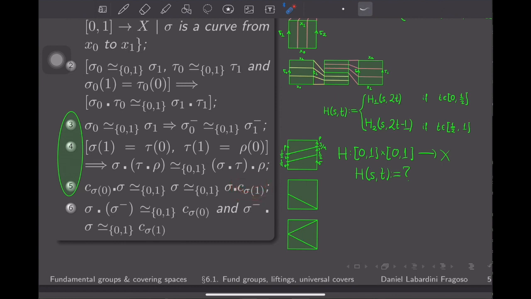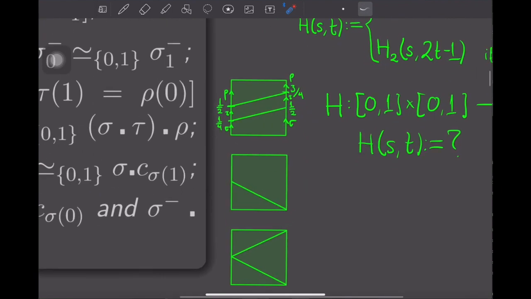in sigma 1. And so again, here I want you to give me an explicit formula for this homotopy relative to endpoints, and an explicit formula for this homotopy relative to endpoints. For this one, the diagram is here.